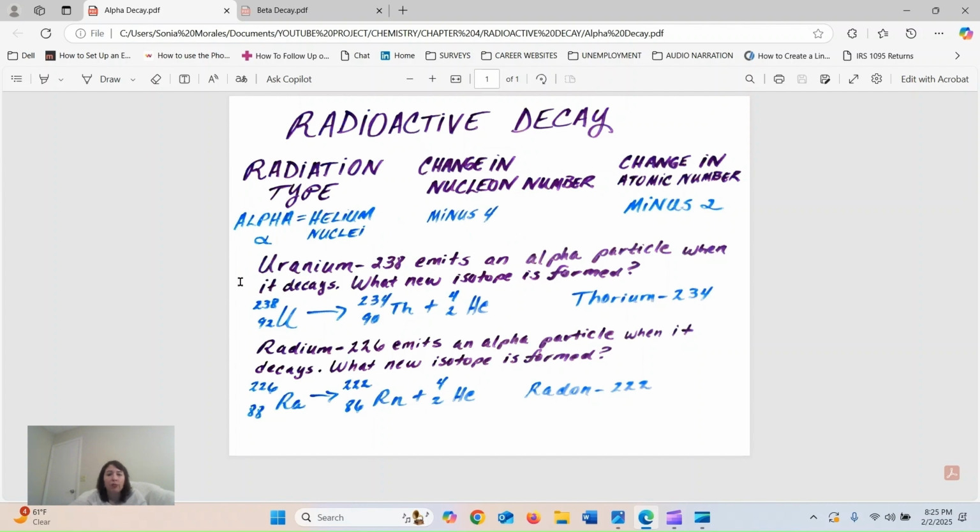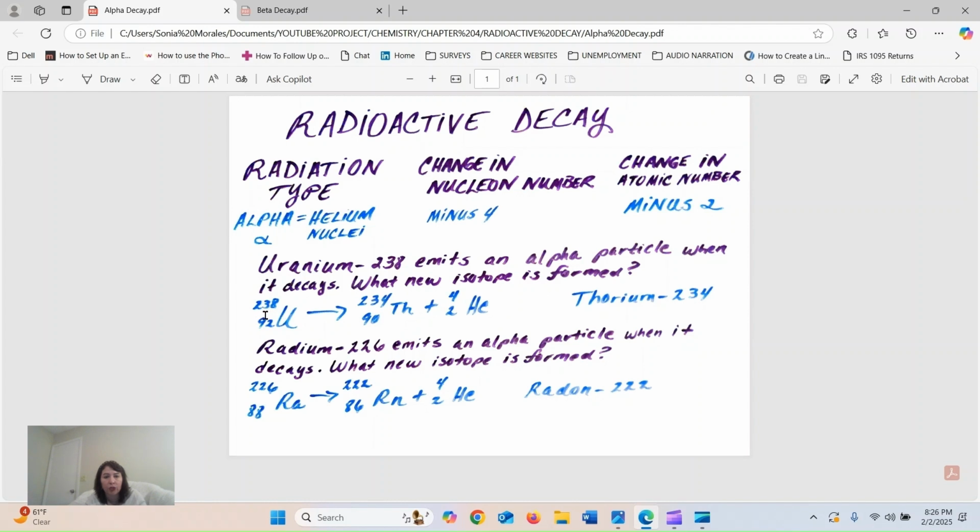Uranium-238 emits an alpha particle when it decays. So what new isotope is formed? So here you have uranium, and the symbol for uranium is U. Now, in prior videos, I've discussed this annotation, in the video on isotopes. The top number is the nucleon number, the mass number, or the number of protons plus neutrons.